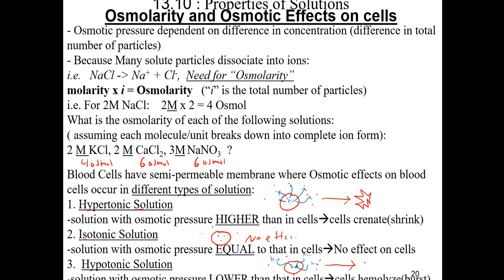Now, if you were to receive water through a saline drip into your arm, and it was just mostly water and very little solute particles such as sodium chloride, that could also kill you.